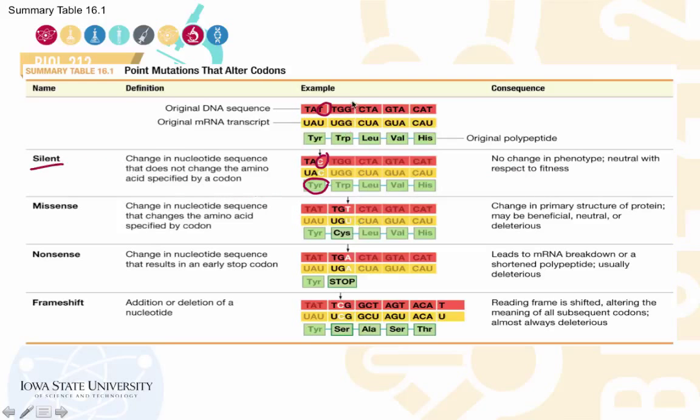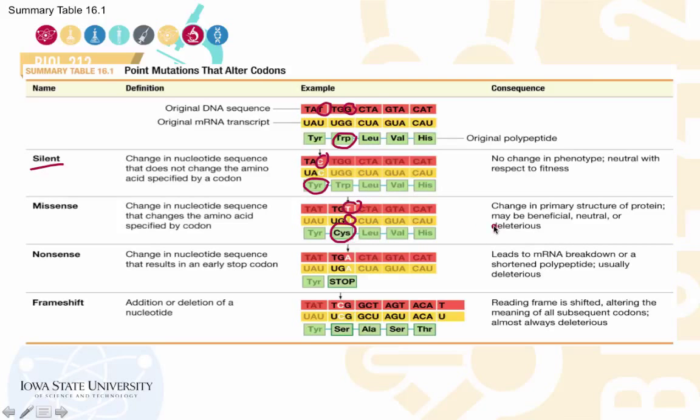Now, suppose that the base G is changed to the base T, this would lead to a change in the mRNA sequence. If you compare this mRNA sequence to the original mRNA sequence, since the codons UGG and UGU do not code for the same amino acid, this mutation leads to one amino acid change within the protein.